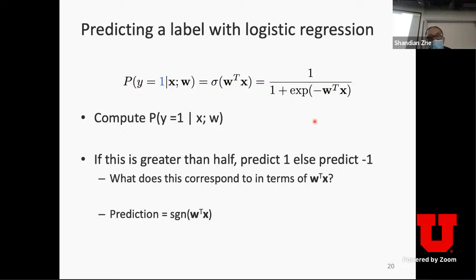If you take a look at logistic regression, the probability will be bigger than half only when the score is bigger than 0. If w transpose x is bigger than 0, it's not hard to show that this whole fraction will be bigger than 0.5, and it is consistent with your sign being 1, right?